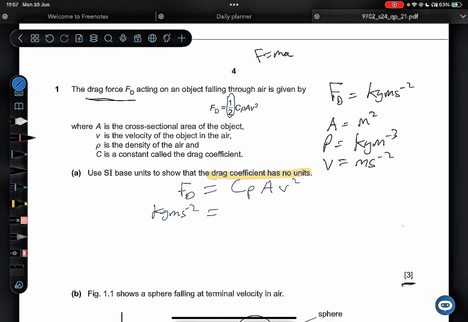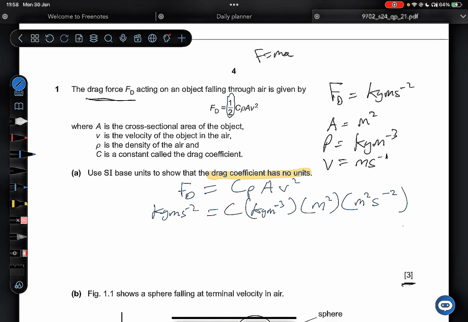We keep C, and rho is kg m minus 3. A is m squared, and v squared is... oh no, I made a small mistake. Velocity is meter per second, so v squared is m squared s minus 2.